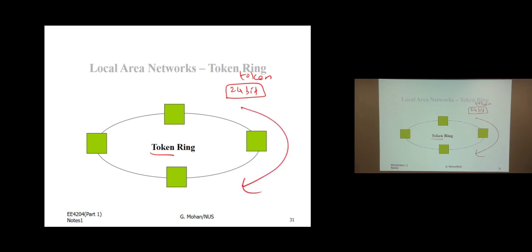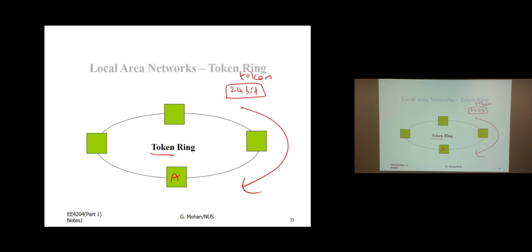So the token is a special ticket. If let's say host A wants to transmit some data, it has to wait for the token. When it gets the token, it holds it and transmits data. Once it is done, it passes it to the next fellow, B.